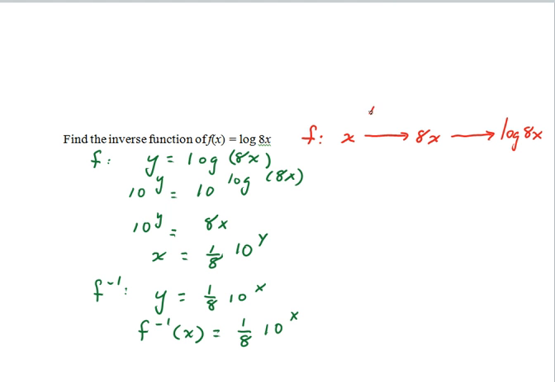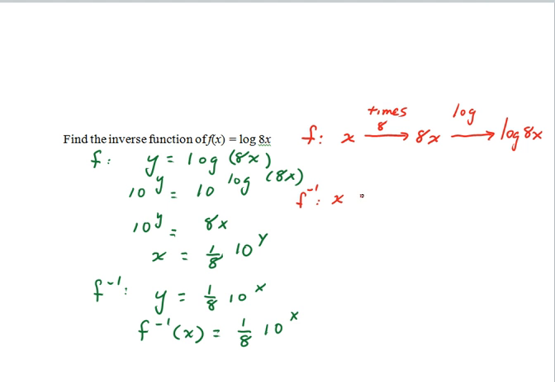So times 8, and then take the log. For f inverse, we start with x, and we do the inverse of these operations in the reverse order.